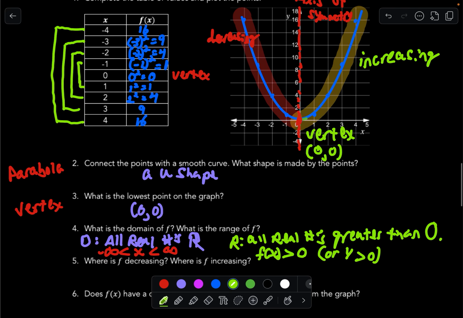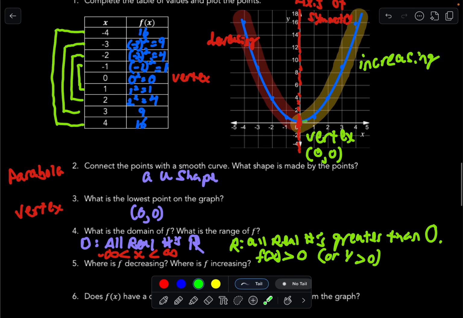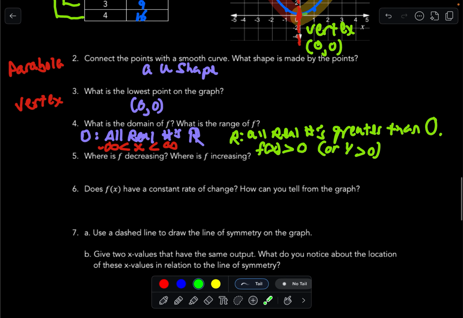Where is f of x decreasing? Well, as you can see from the graph, f of x is decreasing to the left of the vertex, which is at 0, 0. So to the left it's all x when x is less than 0.